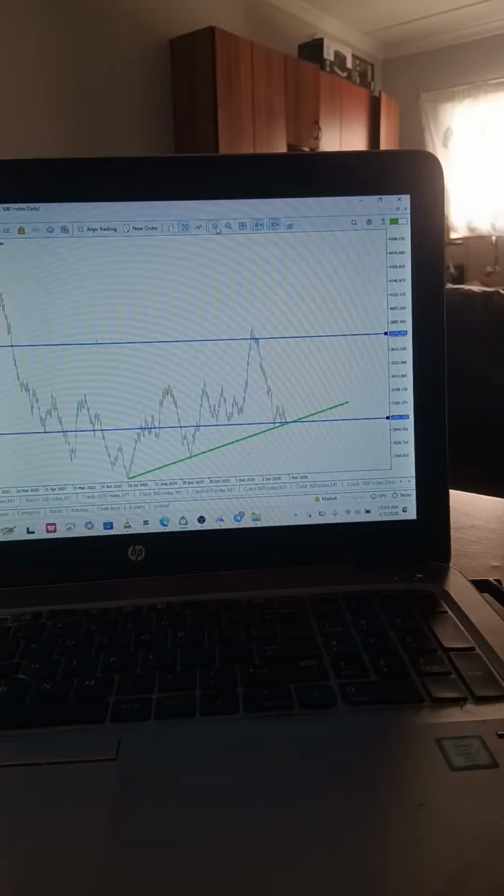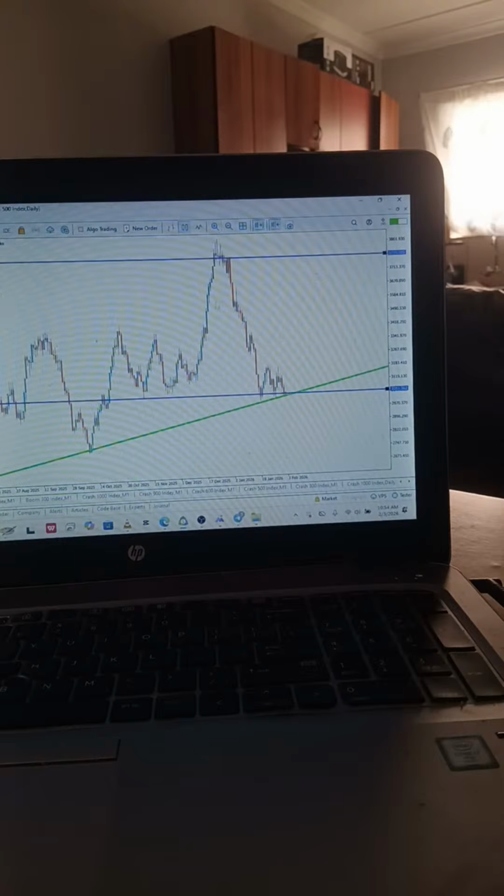I'm always looking for these highly reactive zones, or an area where price has been reacting. For example, this time, price was able to use this as a support. Then it came the second time, then it pushed upwards. So that becomes a highly reactive zone.